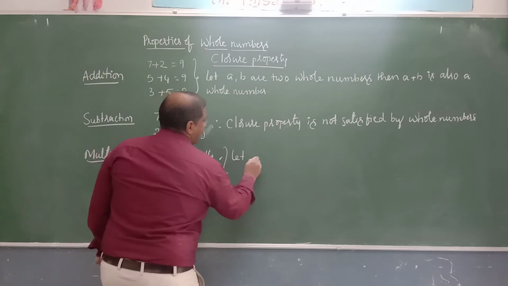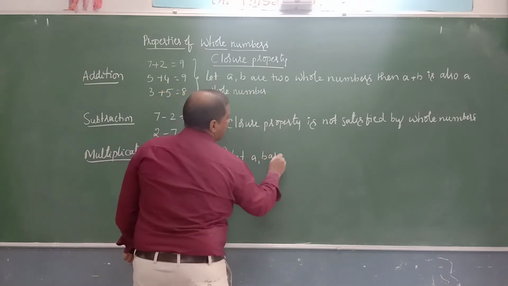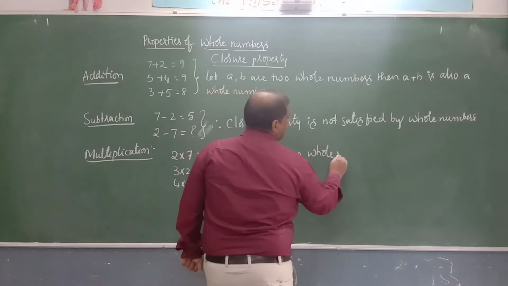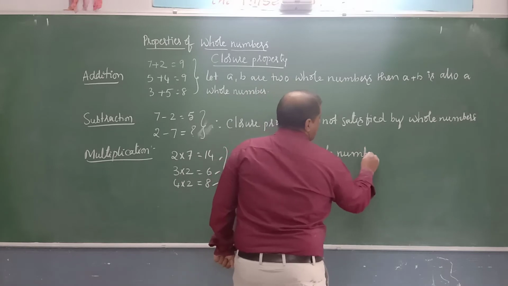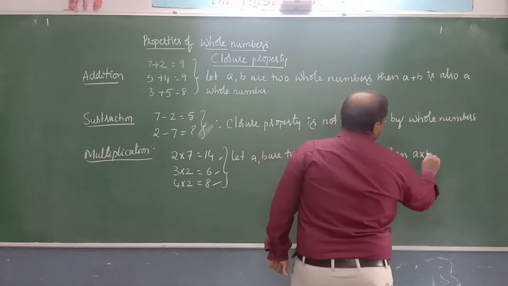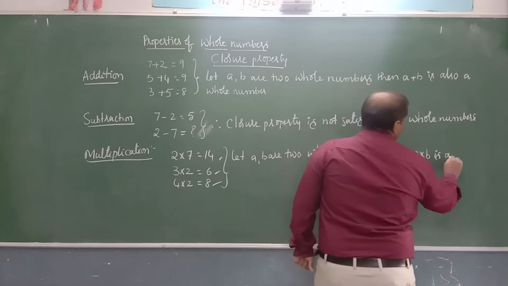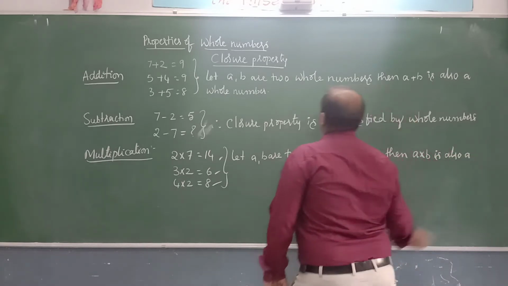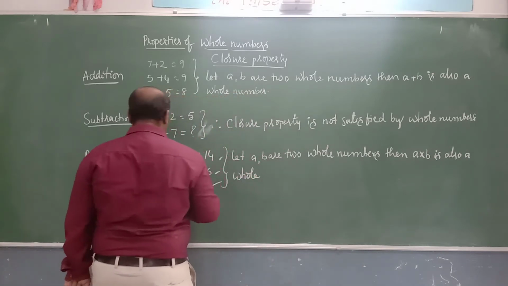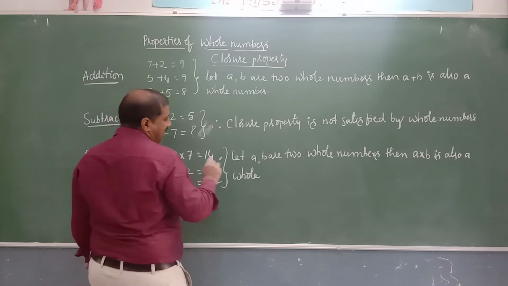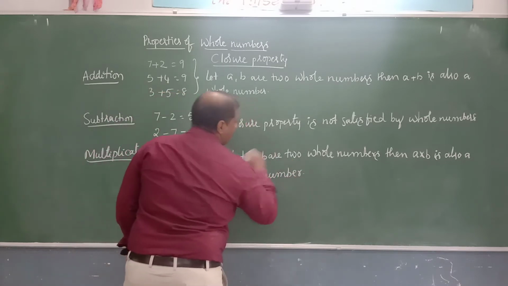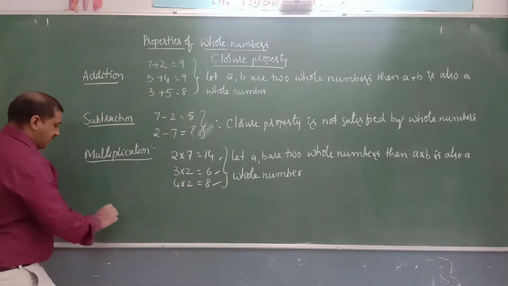Let a, b be two whole numbers, then a into b is also a whole number. So from this we can conclude that whole numbers satisfy the closure property under multiplication.